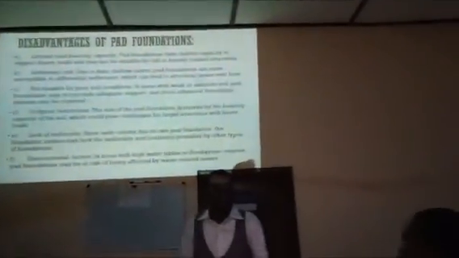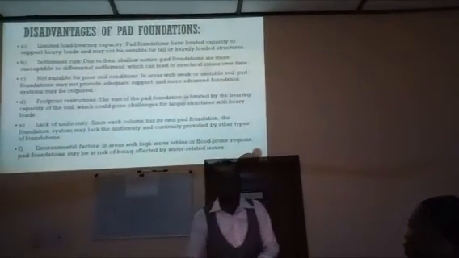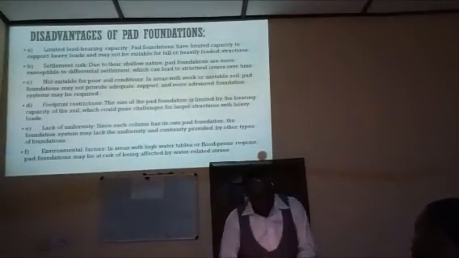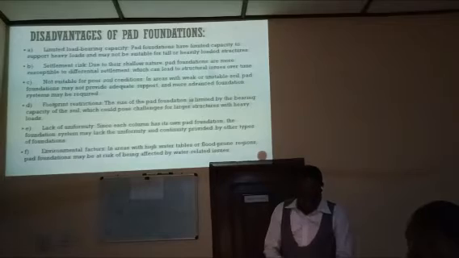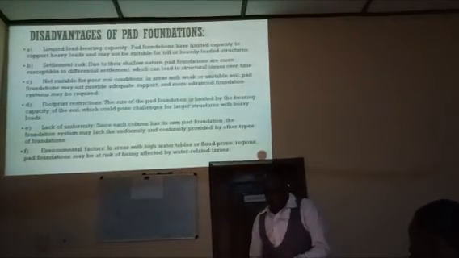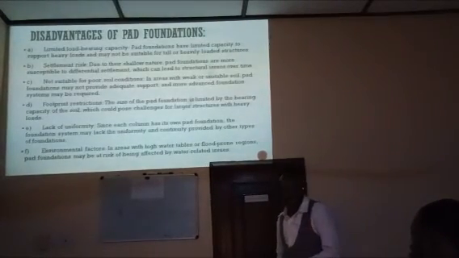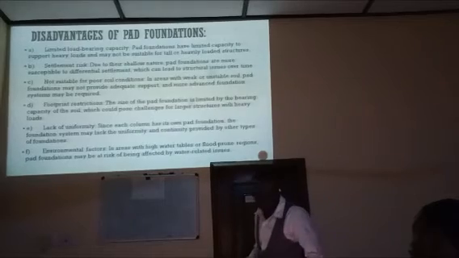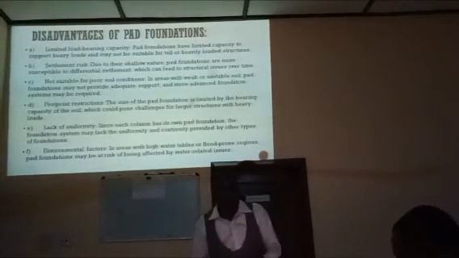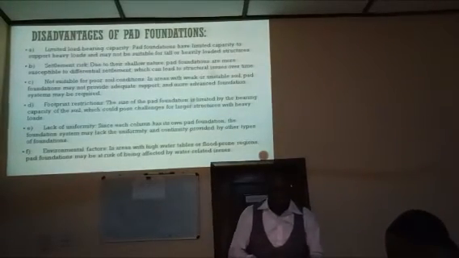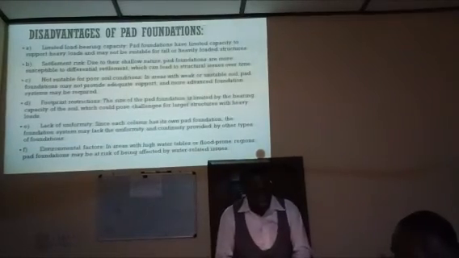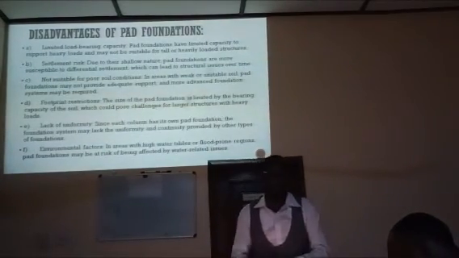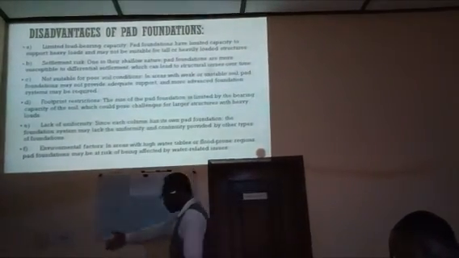Another place you are putting 300 by 225. Another place 300 by 300. So if the columns are not uniform, the pad foundation will not also be uniform. Then environmental factors. In areas with high water table or flood prone regions, pad foundation may be at risk of being affected by water related issues.